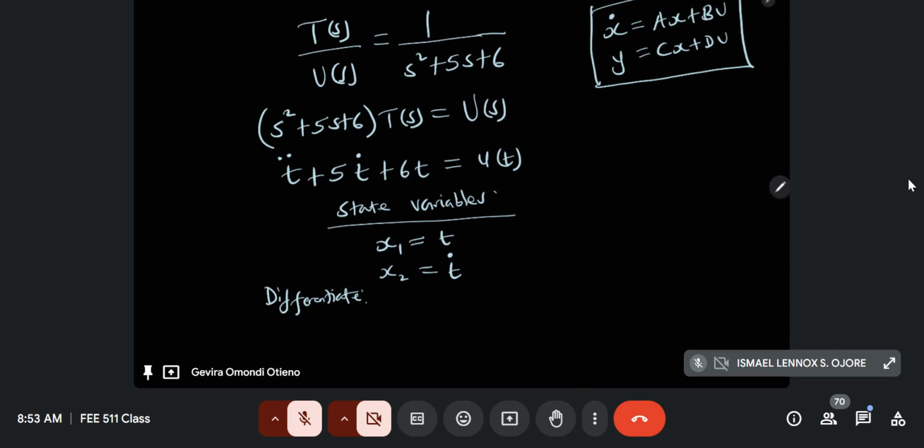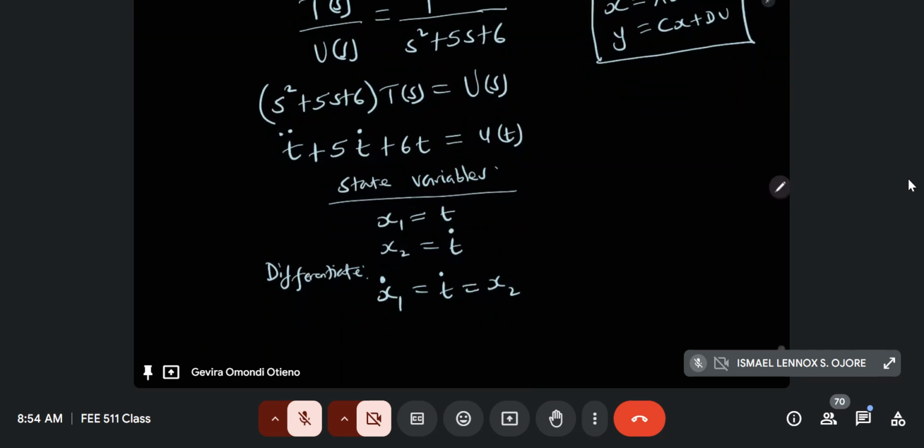So now, if we differentiate the first one, x1, it means we have to differentiate T. But the derivative of T, if you look at the second equation, is the same as x2. Now let's go back to differentiating the second one. If we differentiate x2, what do we get? We get the double derivative, because it's already differentiated on the right-hand side, so we have to differentiate it twice.